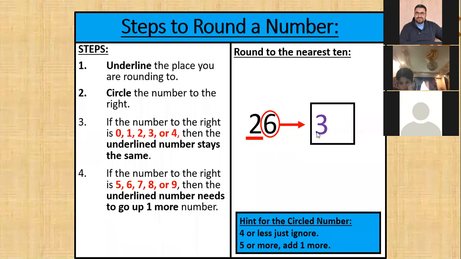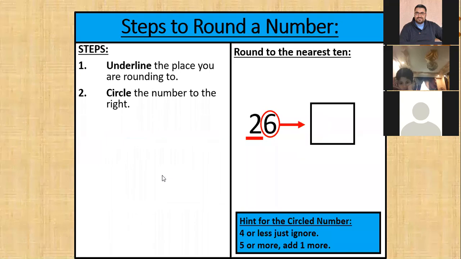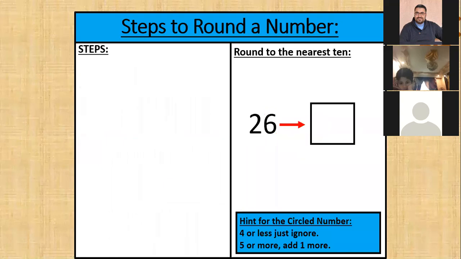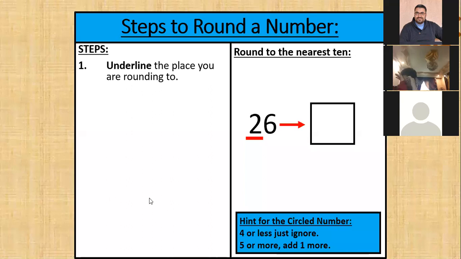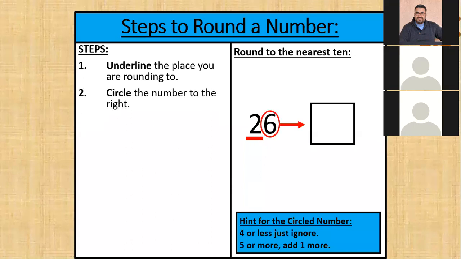So again, from the beginning, first step, we put a line under the number we want to round. We put a line under 2. This will be step number 1. Step 2, we make a circle around the number to the right.